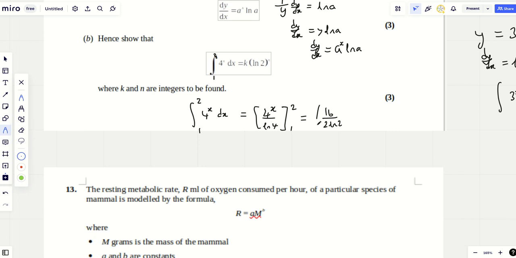The reason I'm doing that is because of how they want the answer. Minus 4 over 2 ln 2. That's naturally 12 over 2 ln 2, which is the same as 6 times ln 2 to the minus 1. So I guess k is 6 and n is minus 1.